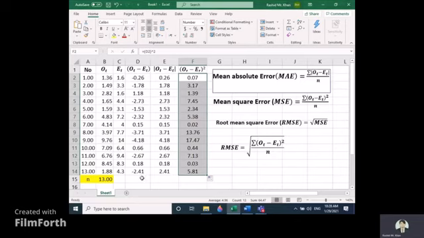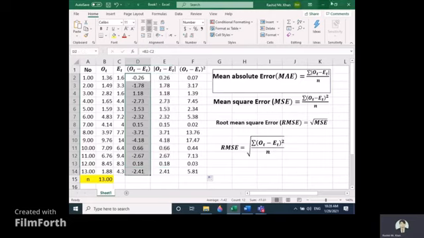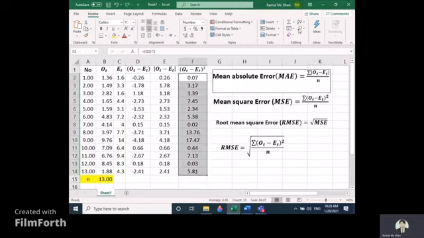Now I need the total of these values. So I select them and sum these values. This is not right. I put it again and sum.